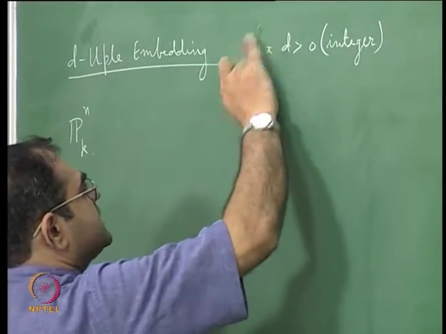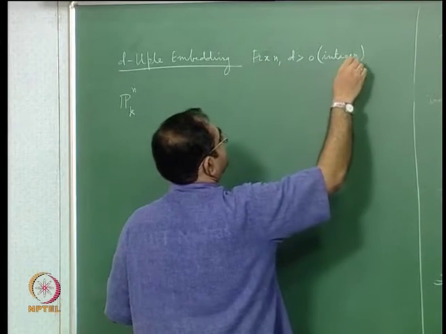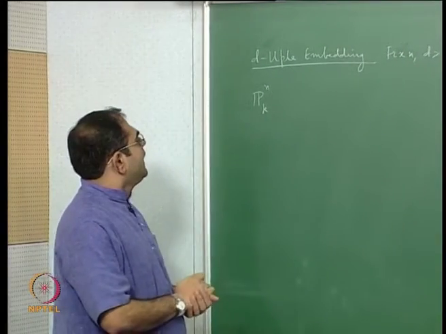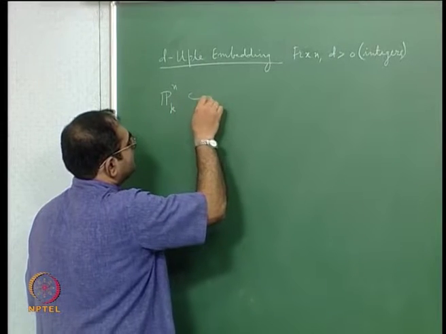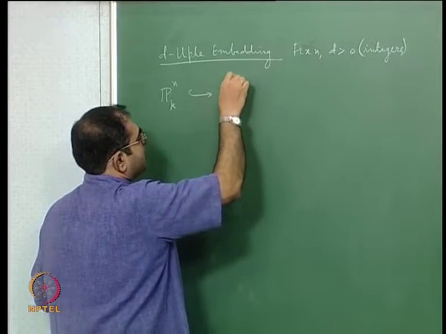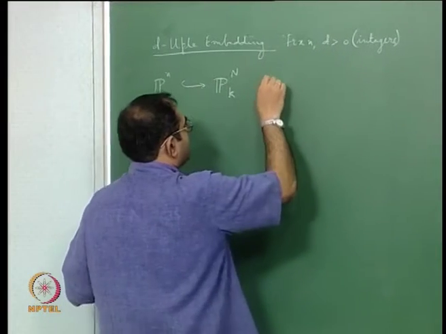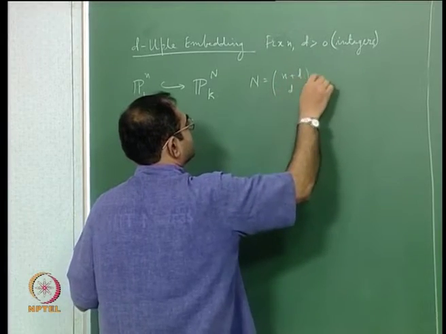Let me write: fix n and D integers. I'm going to take Pn and embed Pn into P capital N, where capital N is n plus D choose D, minus 1.